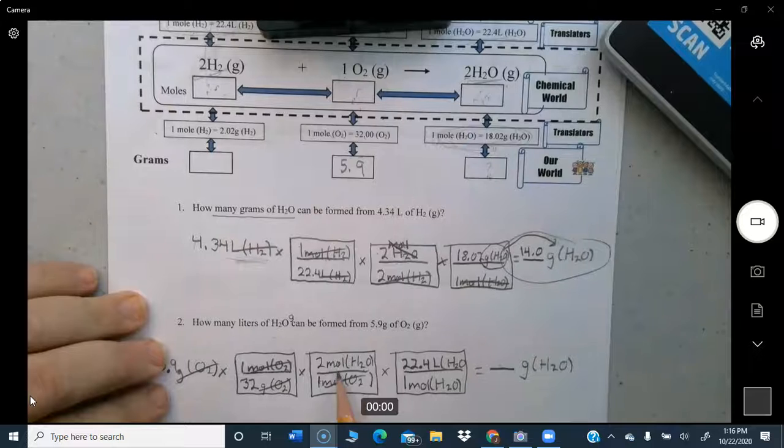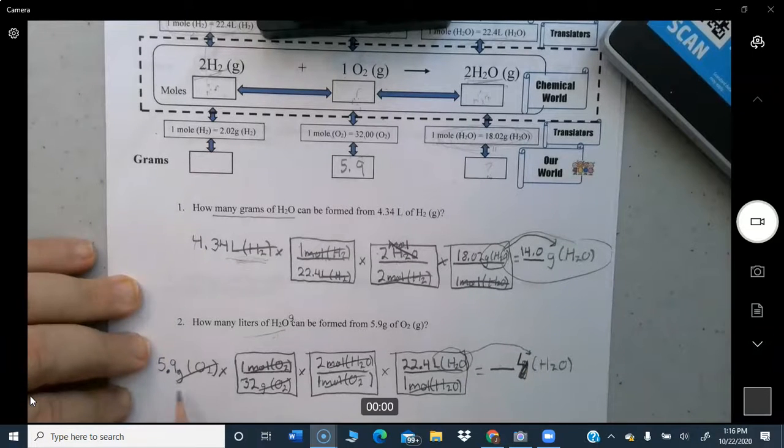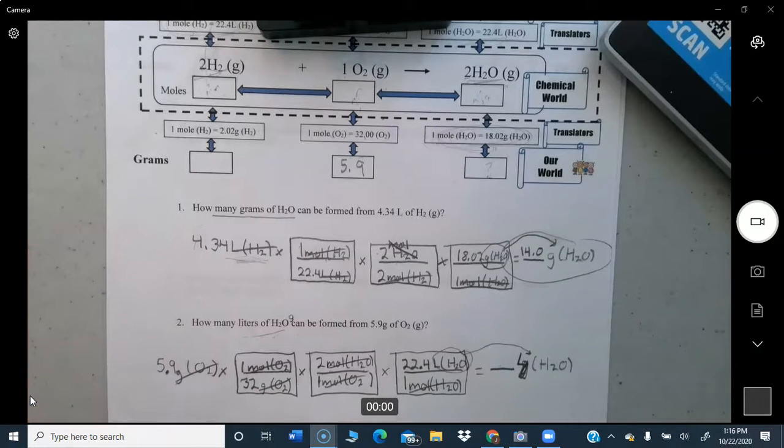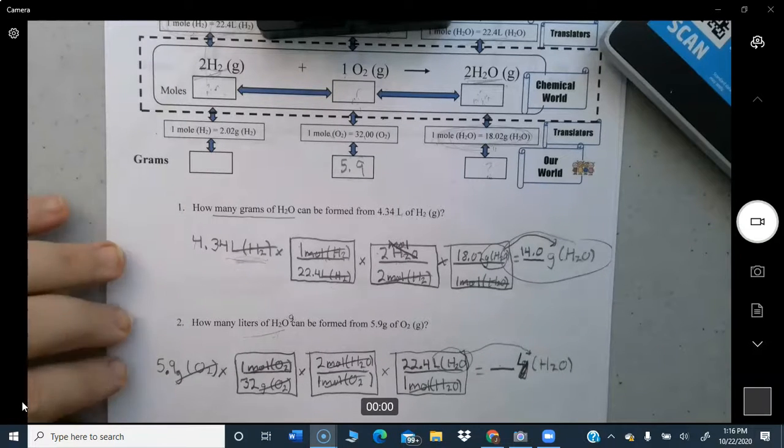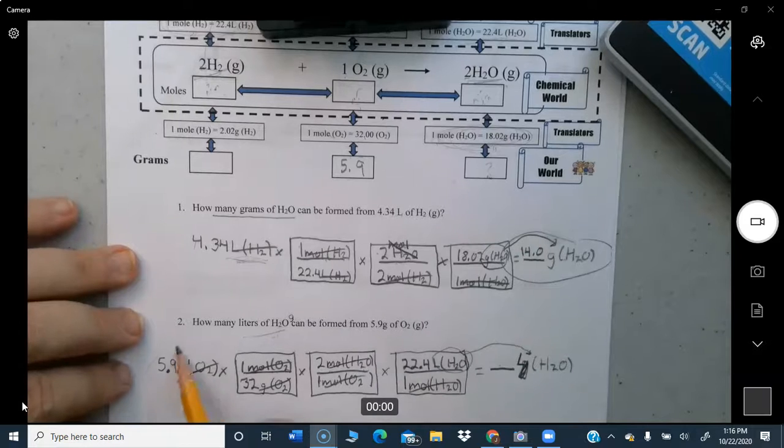Moles of H2O cancels moles of H2O, liters H2O is last man standing. I put grams of H2O, that was wrong. It was asking for liters, so we caught that, good for you. I'll change it now. So it's liters of H2O. Multiply everything on the top, divide by everything on the bottom. And I get 8.26, and we're limited to 2 significant figures, so we'll call it 8.3.